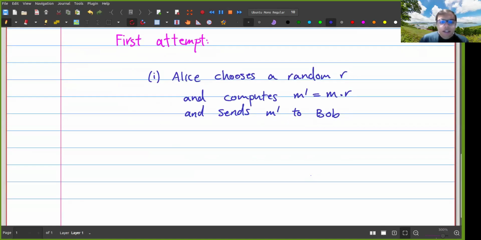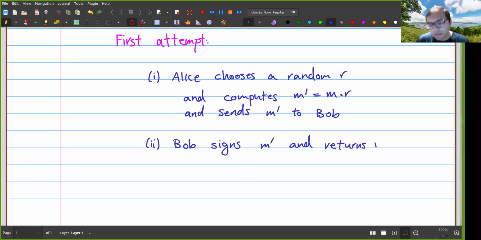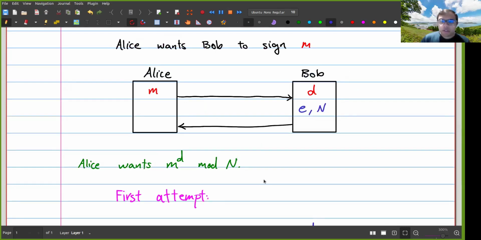Okay. Now let's say Bob signs this. So Bob signs M prime and returns it to Alice. Okay, so I had this number R, and Alice sent M prime, which was M times R, to Bob.